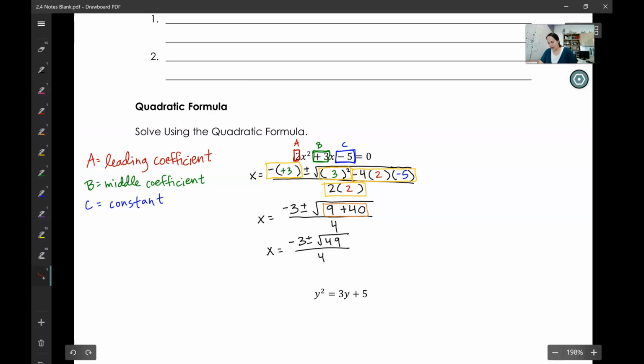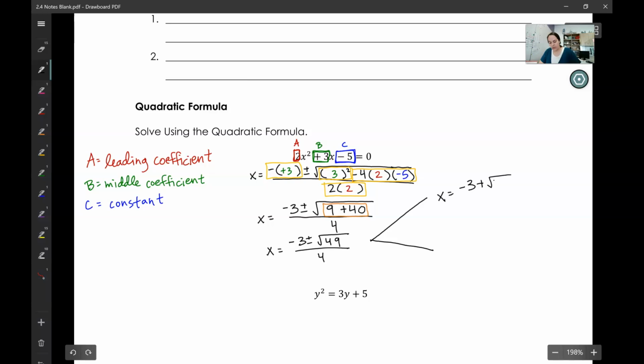Now the reason I stop right here is to look at the number inside the root, because sometimes that number is negative, which means you have an imaginary answer. For now, that's still positive, so we're good. At this point, you need to separate the problem because this is a plus or minus.